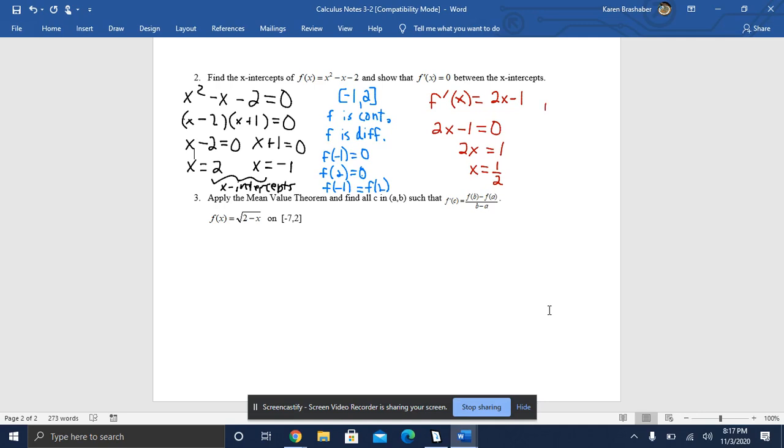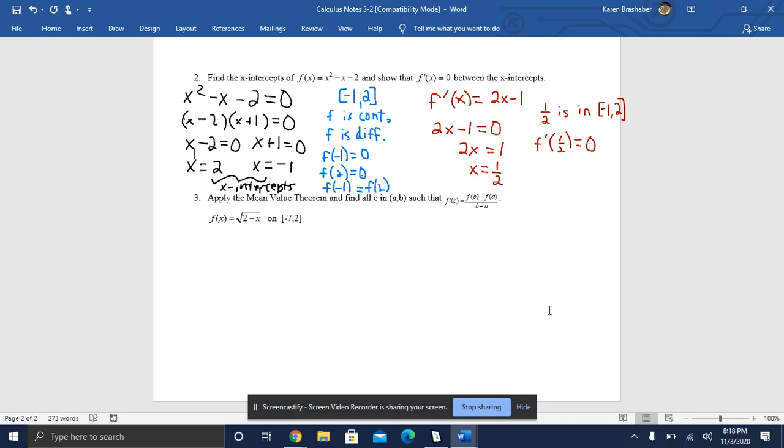So 1/2 is in the interval from -1 to 2. And that is the place where f prime of x, or f prime of 1/2, is equal to 0. Okay, so that's what it asked us to show, and we knew that we at least would have this one place because of Rolle's theorem where that happened.